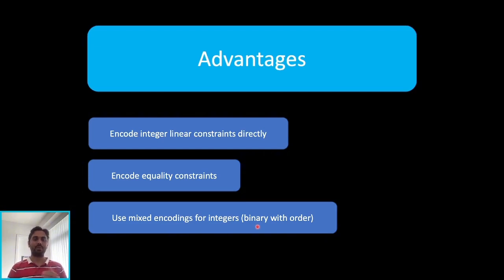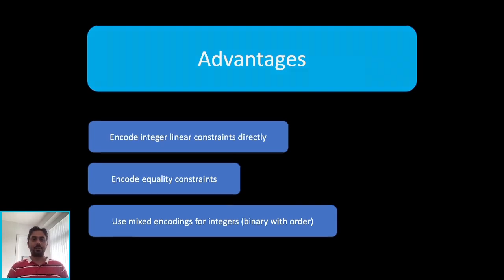Something that we also didn't talk about in this video is that it actually enforces better domain and bound consistencies. I didn't define what domain consistency and bound consistencies are, so I'm not going to talk about it more, but you can obviously read the paper. So that would be the end of this video.